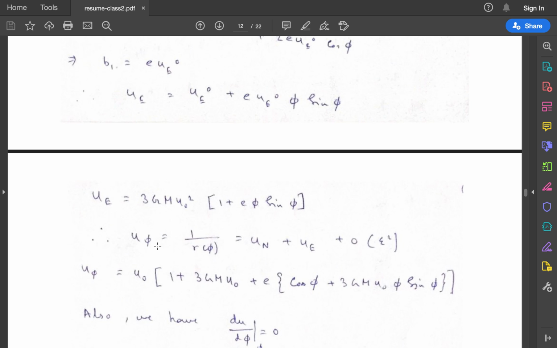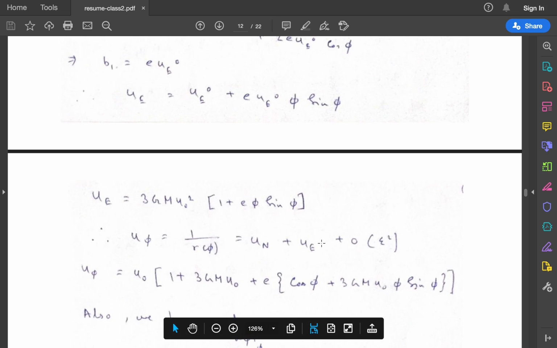The total solution of the full equation, which has both the Newtonian and the GR part, can be written as u(φ) equal to 1 by r(φ), which is Newtonian plus the GR part and higher order in ε, but we are only considering ε equal to 1 and neglecting higher order. So our total solution becomes u0 (1 + 3GM u0 + e cos φ). These two are from the Newtonian part, and these are for the GR part.